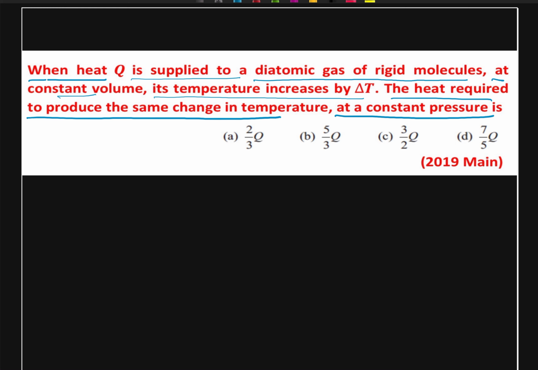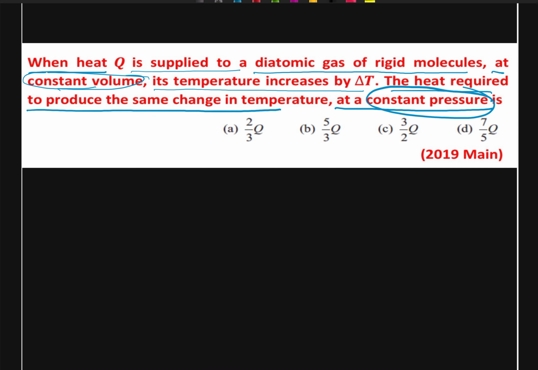So in this case, we are given that first is at constant volume and then it is at constant pressure.